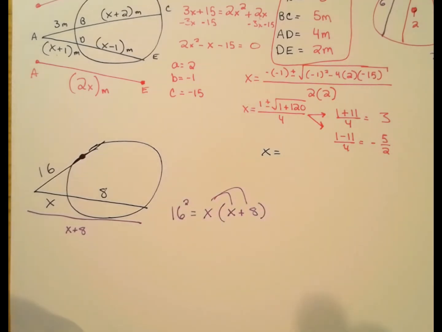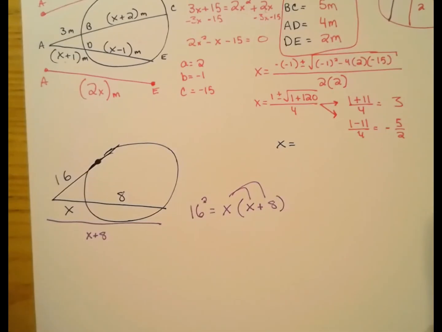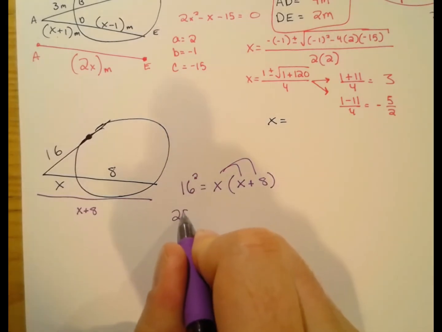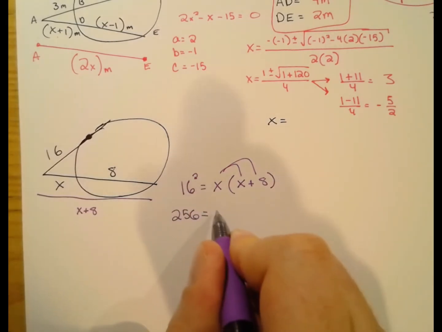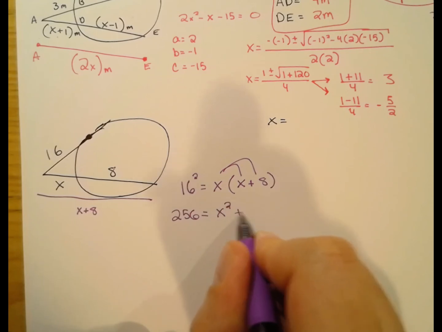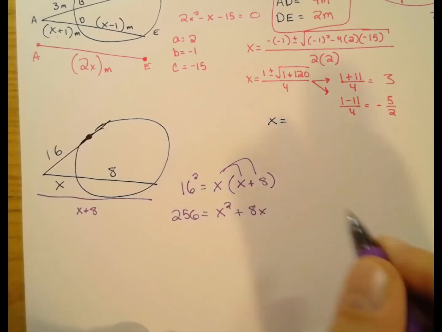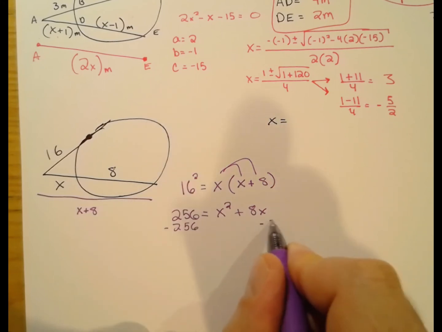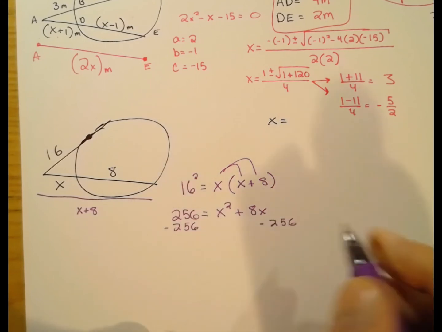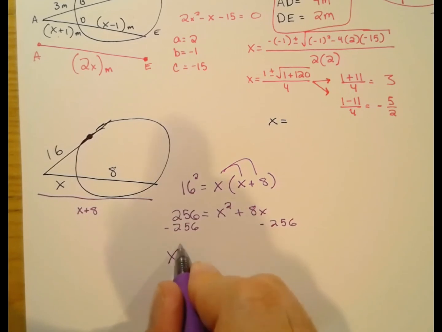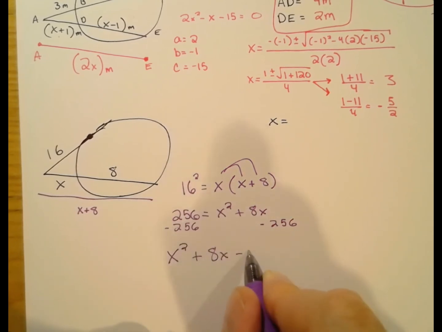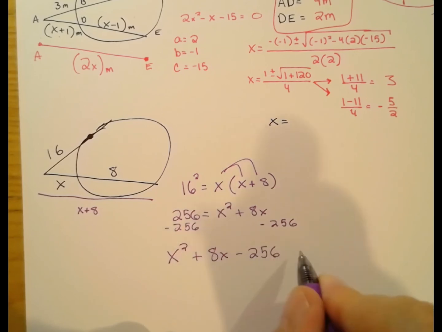We are going to need to distribute there. So 16 times 16, I believe that's 256, equals x squared plus 8x. I'm going to subtract 256 from both sides, so we can get a 0 on one side of the equal sign.